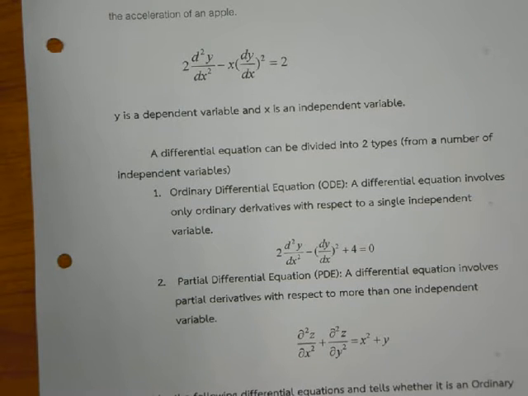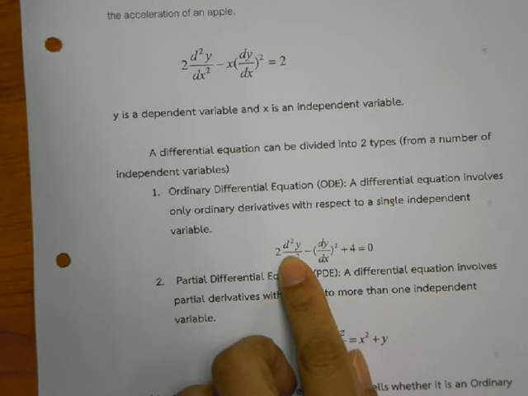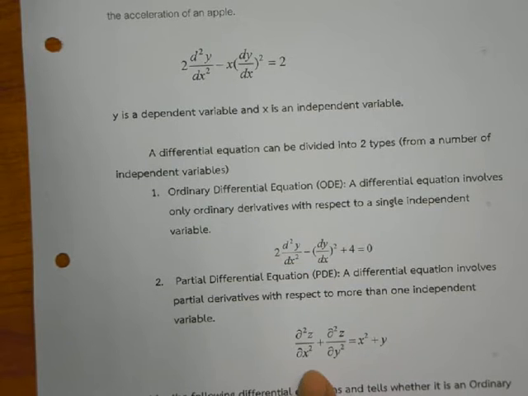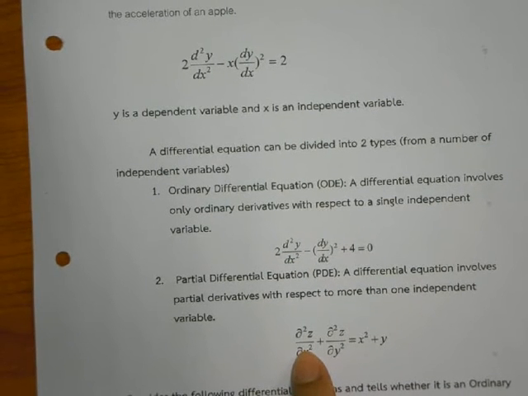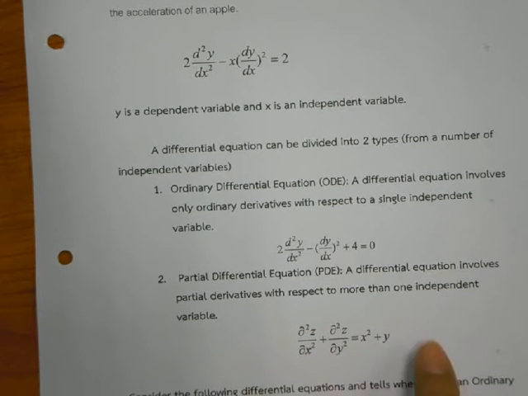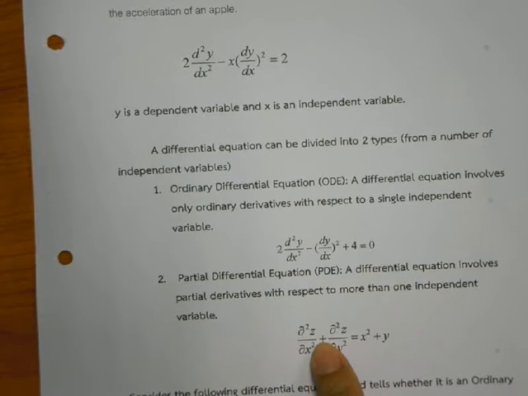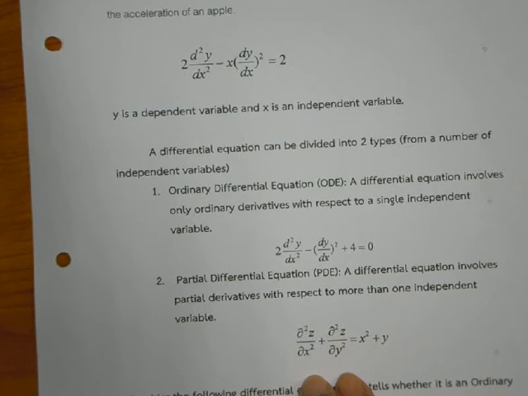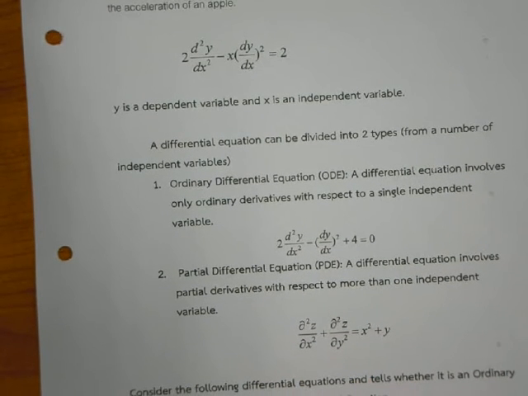For ordinary, you use D, but for partial differential equation, you use the curved symbol. In the partial differential equation example that I gave you, you will see we have only one dependent variable and two independent variables, which are x and y. Okay, so that is the difference between the ordinary differential equation and partial differential equation.